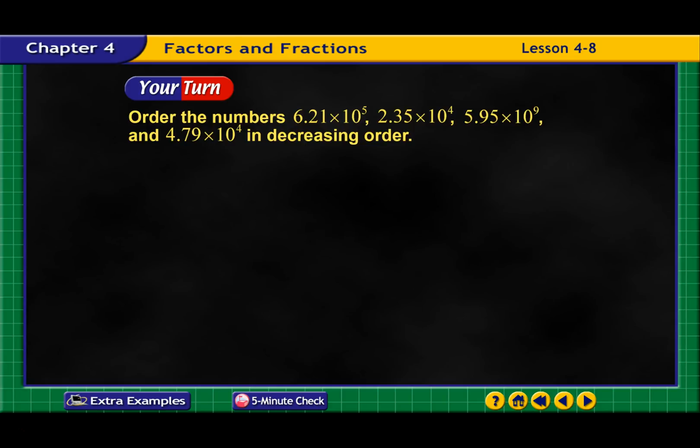Sorry, minor technical difficulties. Okay, so we'll take the biggest one first, which is 10 to the 9th. So I'm going to go 5.95 times 10 to the 9th. That one's done. This one's to the 5th. So let's say largest to smallest. 6.21 times 10 to the 5th. That one's done. All right, so these are both to the 4th.